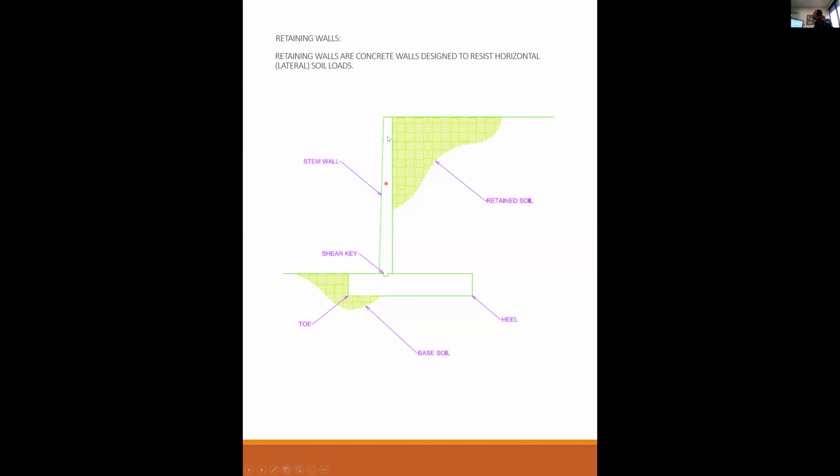When these get to a certain height, it is no longer practical to just cantilever the wall off of the footing. What you don't see is that they have anchors. A different kind of retaining wall has soil anchors that go back and anchor into bedrock, and they could have many layers of these that anchor into solid rock.